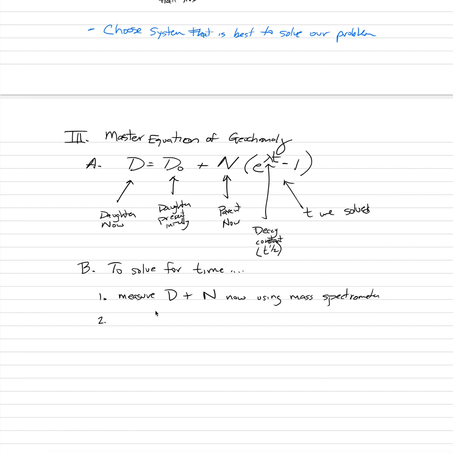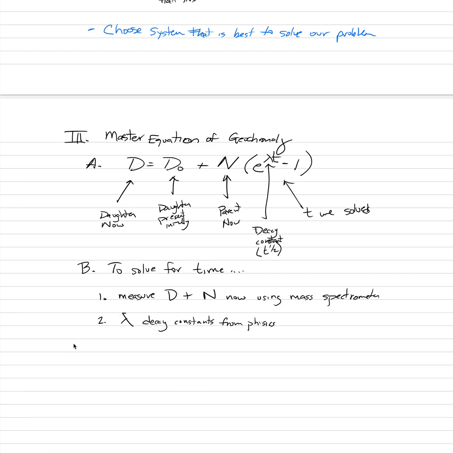And then we also have to get the decay constant. We get the decay constant from physicists. We look it up in a table. It's like one of the immutable laws of physics that this isotope decays at this rate. It's a known, okay? So we take the decay constant from physics.